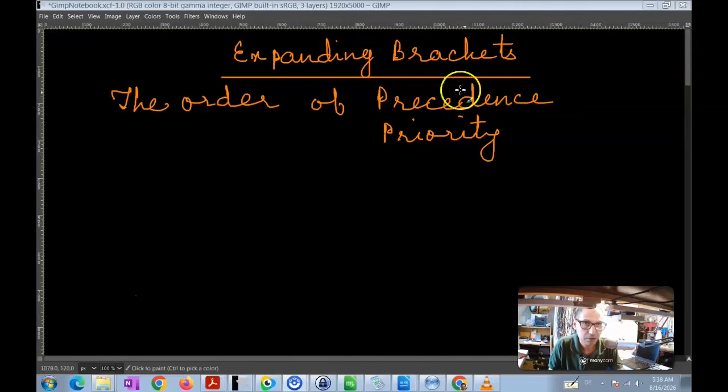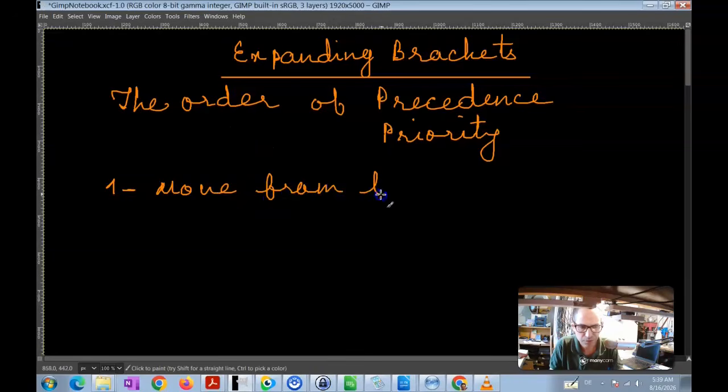Okay, so now let's talk about expanding brackets, and of course in expanding brackets you will use the exact same rules that we had before, meaning that the order of precedence or the order of priority has to be taken into consideration in whatever you do, meaning that you will always move from left to right in your expression.